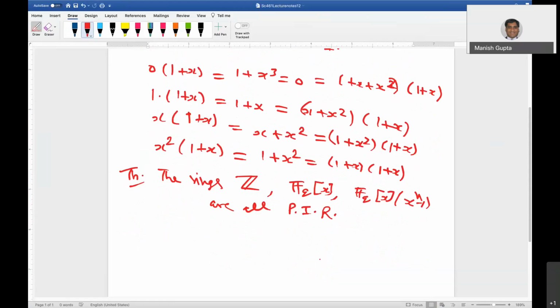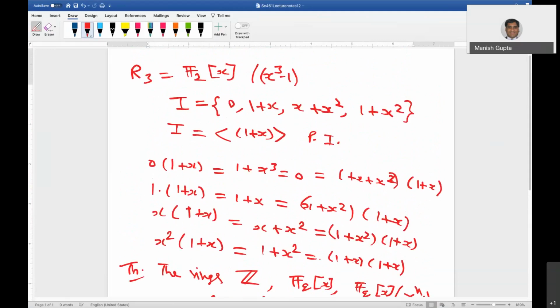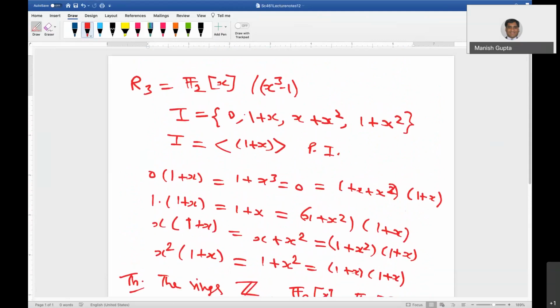So you saw that there is a one-to-one correspondence between this principal ideal I and the cyclic code. From the previous example, 0 can be written as 0 0 0, 1 plus x can be written as 1 1 0, x plus x square can be written as 0 1 1, and the last one can be written as 1 0 1.